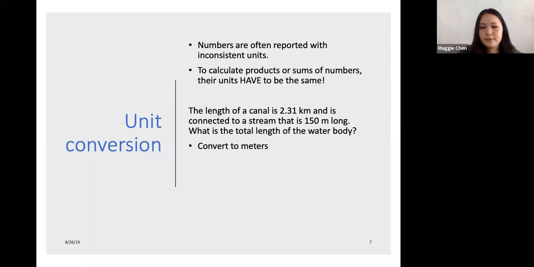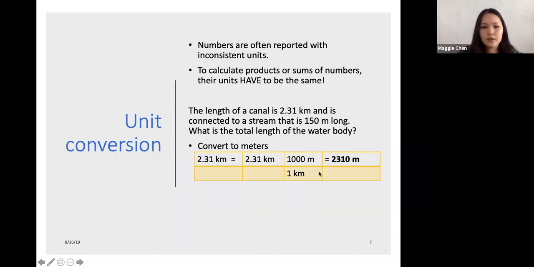So we're going to convert first the 2.31 kilometers to meters. We can do that through our unit conversion where we first write out 2.31 kilometers, and we have our unit conversion of 1 kilometer is 1,000 meters.